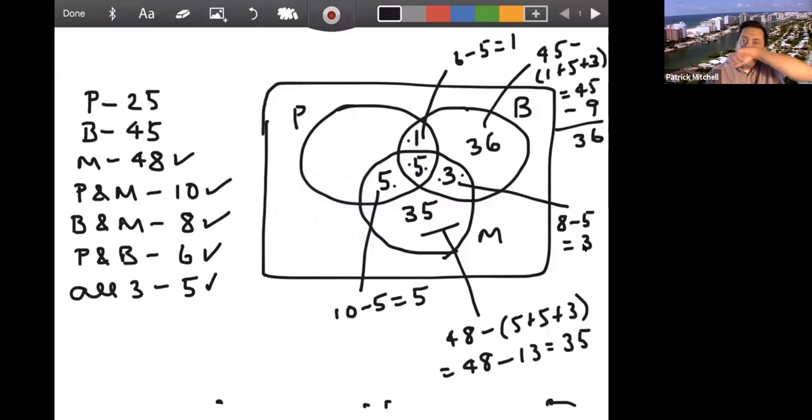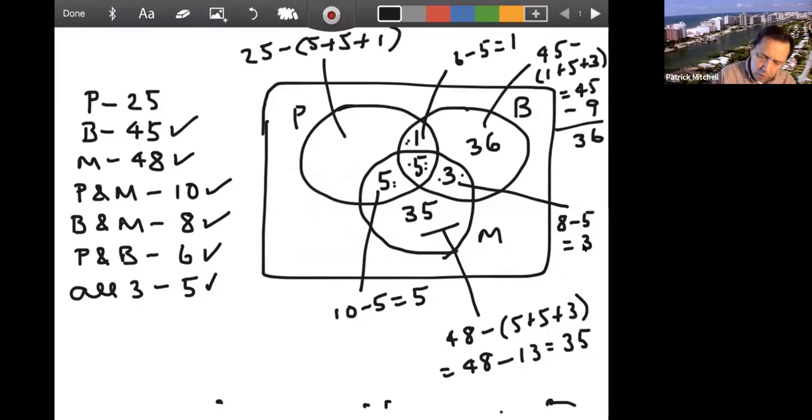And then 25 students took physics. That includes these 5, and this 1. So 25 minus 5 plus 5 plus 1 is 25 minus 11, which is 14.